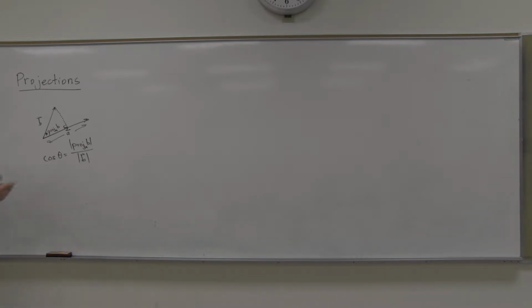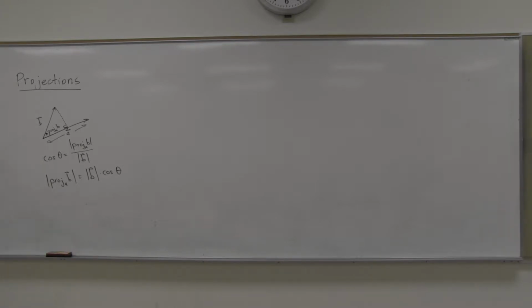Multiply both sides by the magnitude of B, and the magnitude of the projection of B onto A is the magnitude of B times the cosine of theta. Okay?